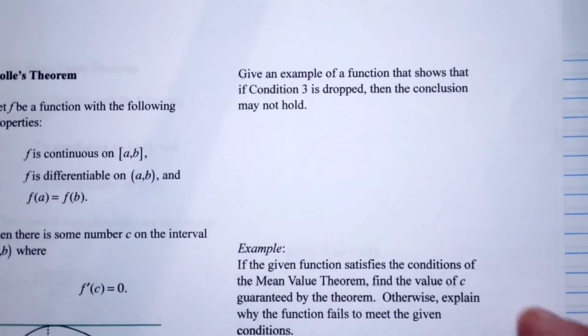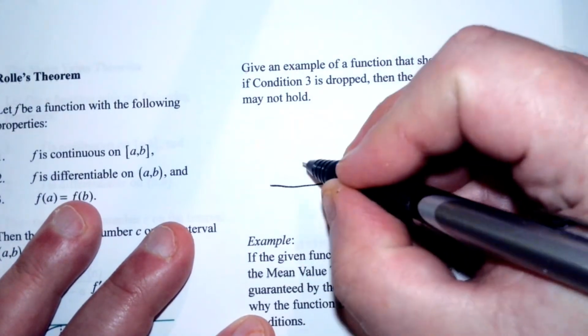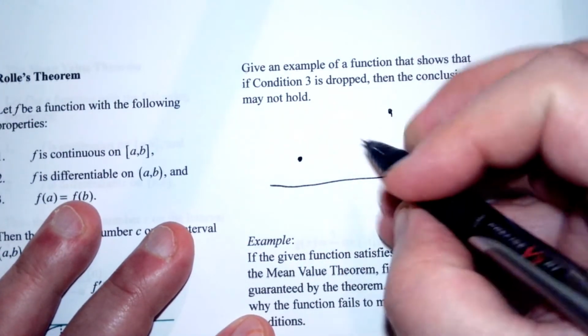Finally, is it possible to add back in conditions 1 and 2 and drop condition 3 and come up with a function where the derivative is never 0? In this case, f of a doesn't have to be f of b.